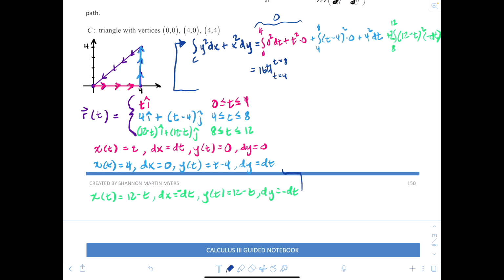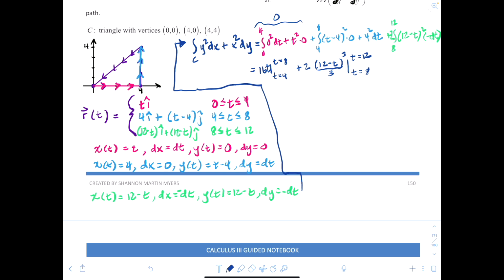And then that third one would be 2 times the quantity 12 minus t cubed over 3, evaluated from t equals 8 to t equals 12. Good so far?